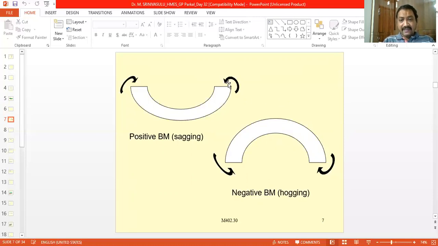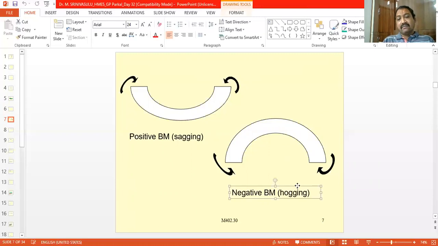When we have taken the other as positive, this has to be negative. So acting to the right in the clockwise direction, it is taken to be negative.